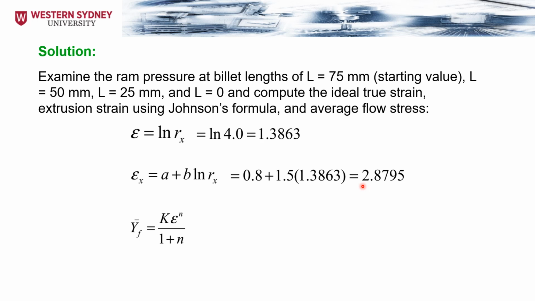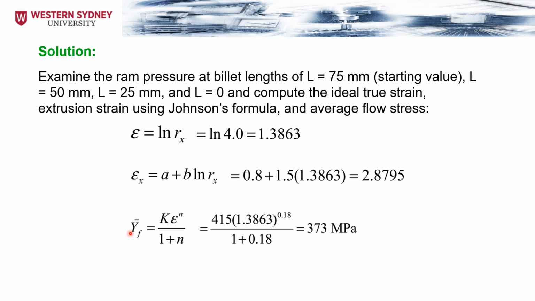And this will give me the value to be 2.8795. Finally, for the average flow stress, we're going to multiply the K value by the strain up to power n and divide by 1 plus n. And thus we're going to find that the Y prime f is going to be equal to 373 megapascal.